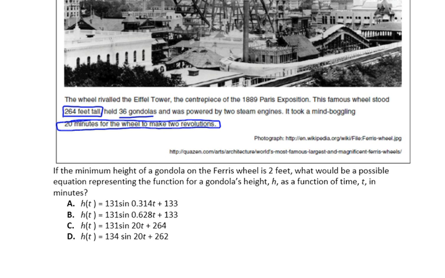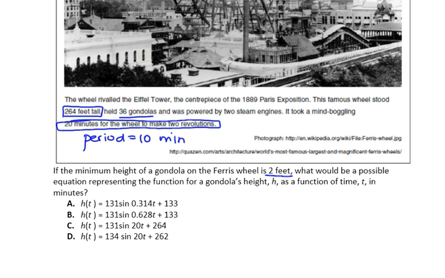Okay, so that means, what's my period of this function? It takes 20 minutes to do 2 revolutions. The period would actually be 10 minutes. Okay. If the minimum height of the gondola of the Ferris wheel is 2 feet off the ground, what would be a possible equation representing the function?